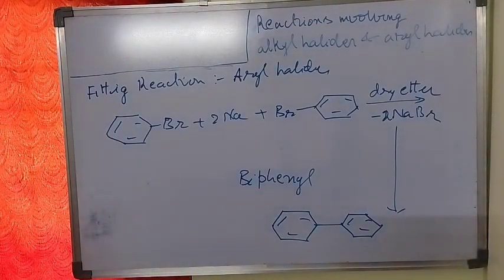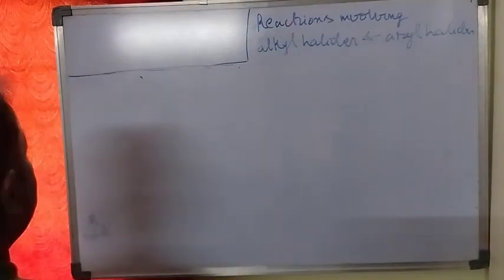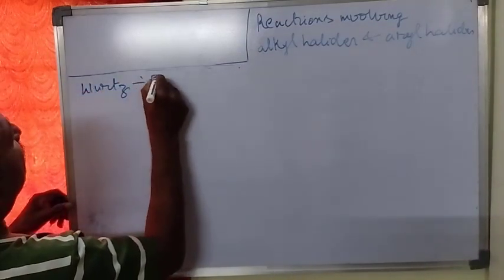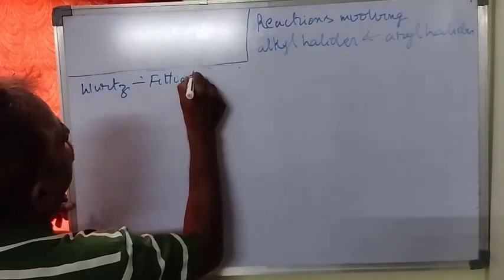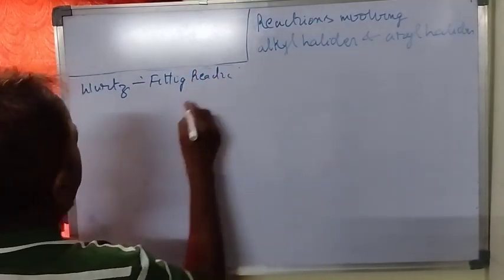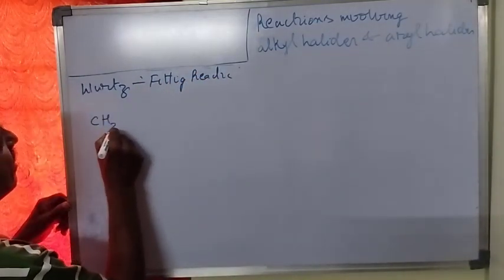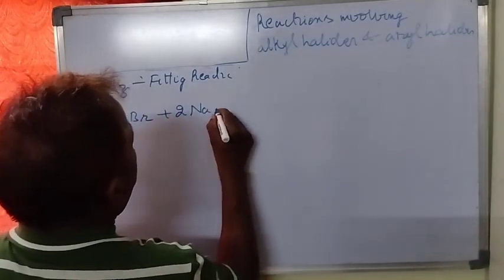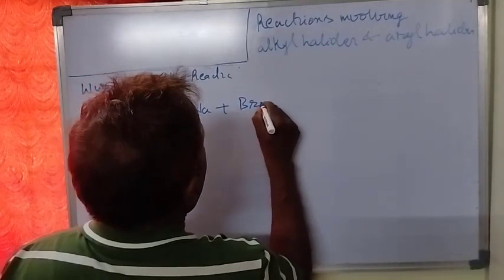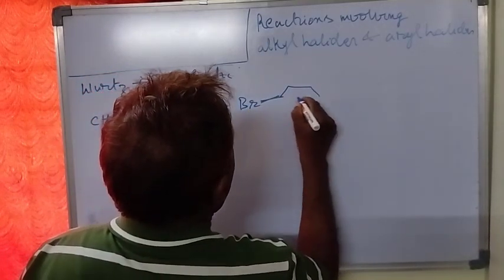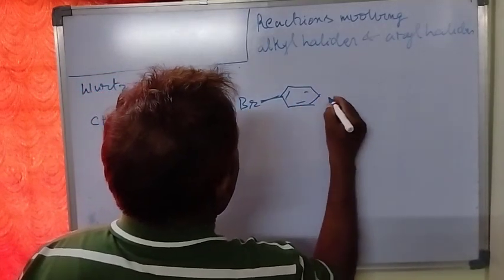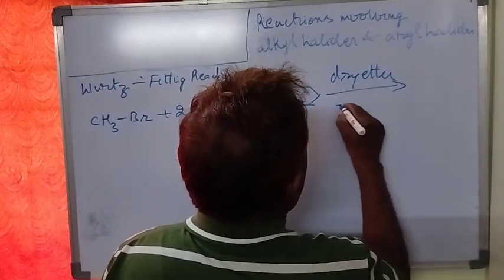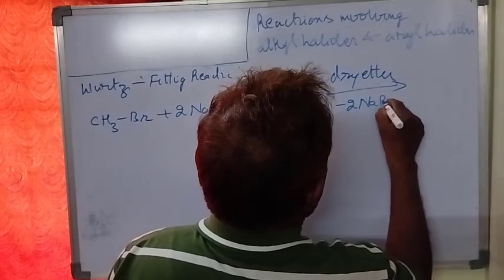So the reaction now is CH3Br plus bromobenzene plus 2Na in the presence of dry ether, minus 2NaBr.